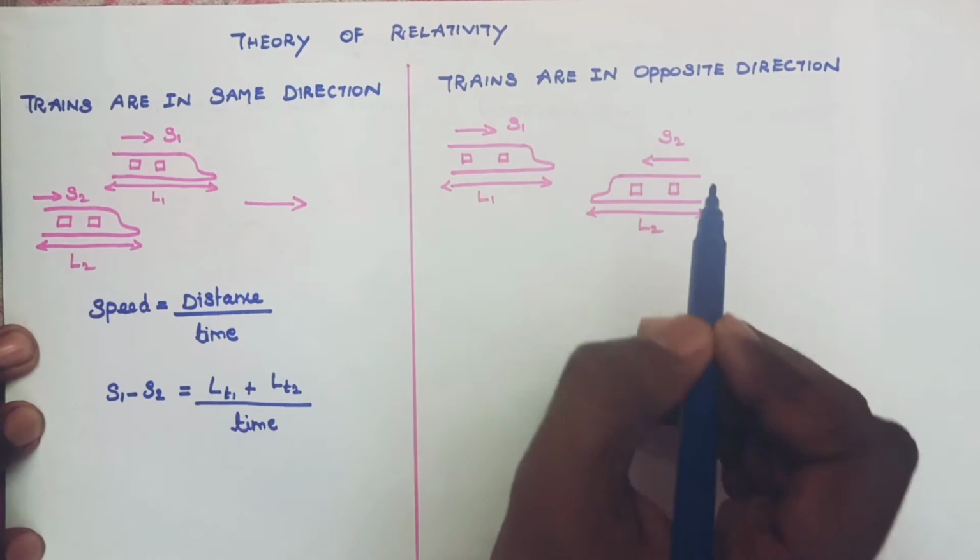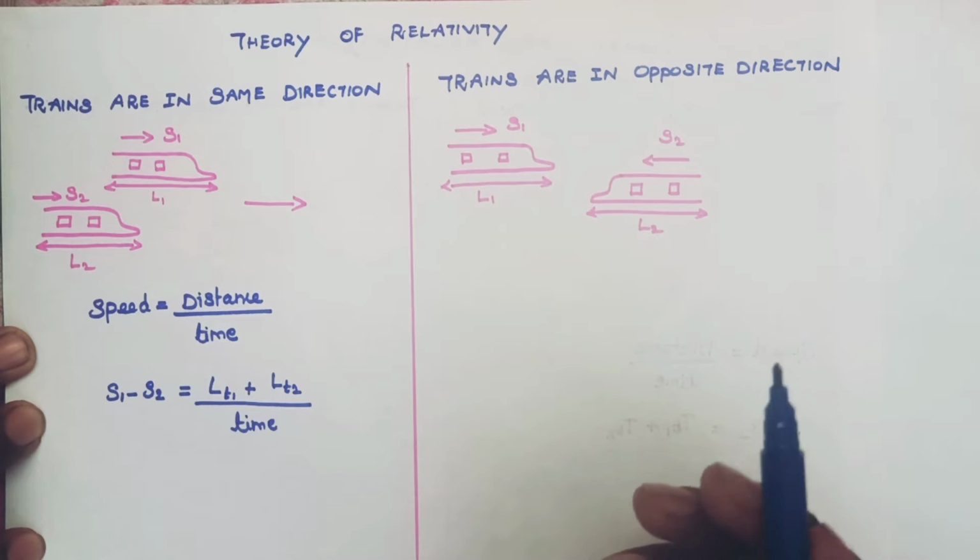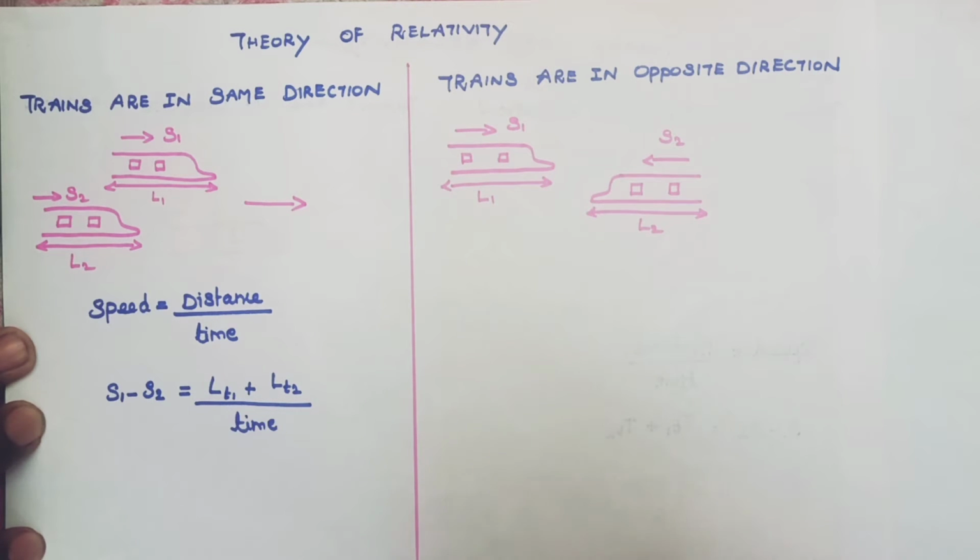Now, if the trains are in the opposite direction, take the same example: you are running at 50 km per hour in a train. The other train is running at the speed of 40 km per hour in the opposite direction. Now, what speed do you feel? You will feel more speed than you travel, right? So you have to add the speed of both the trains.